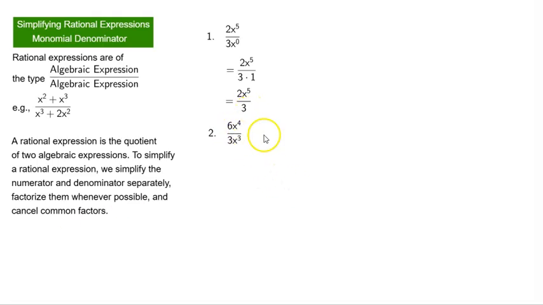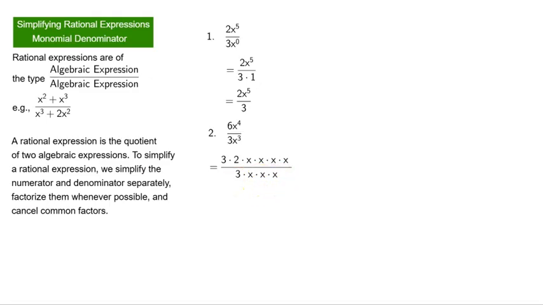6x to the power of 4 divided by 3x cubed. Now here we can expand x to the power of 4 and x to the power of 3. So we have 3 times 2 times x times x times x times x. So 6 has been factored and x to the power of 4 has been written in the expanded form, divided by 3 times x times x times x.